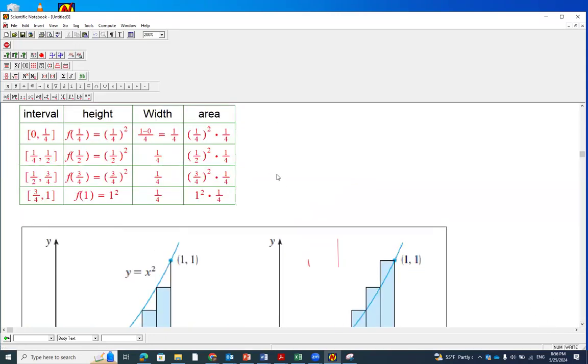So the approximated area we use right. Okay, so this letter R is for right, meaning using the right-hand side to approximate. And we also divide the entire interval into four pieces, so R4 is equal to the sum of all of these areas.